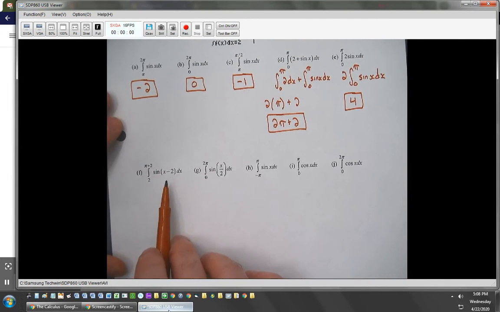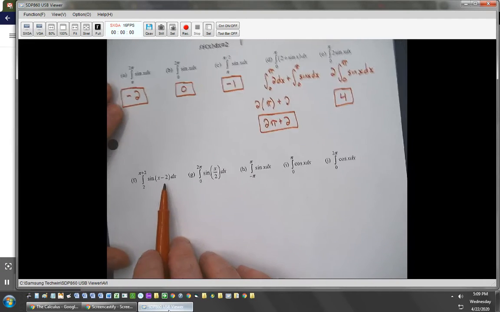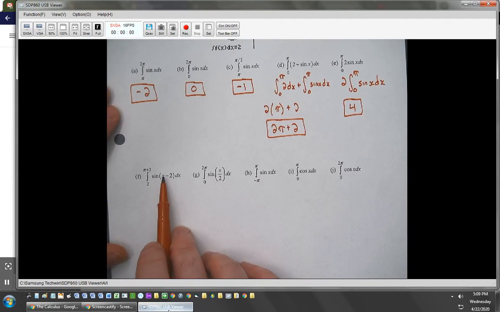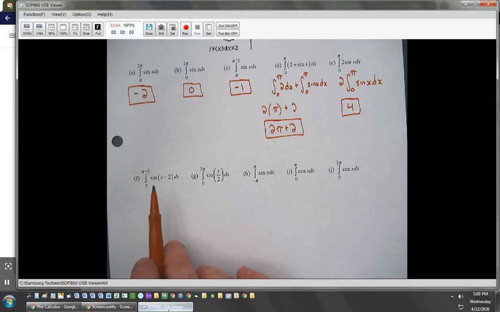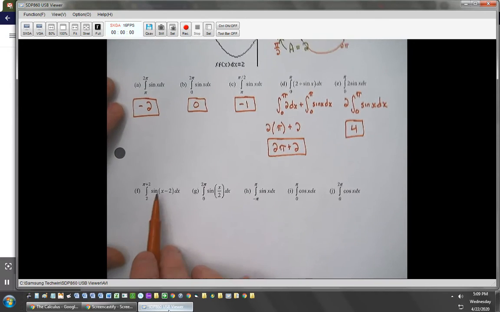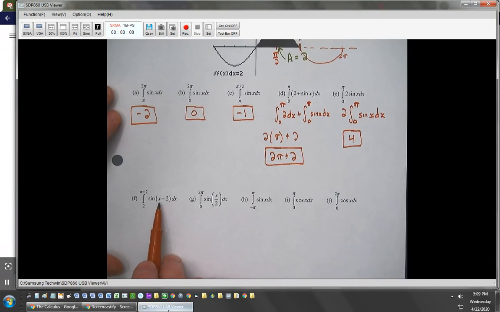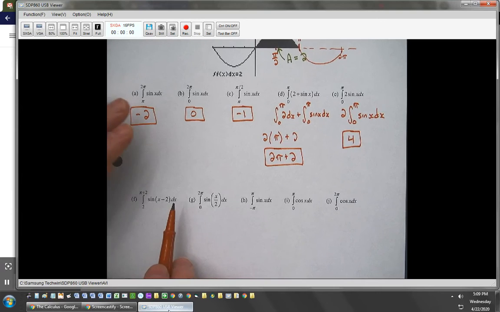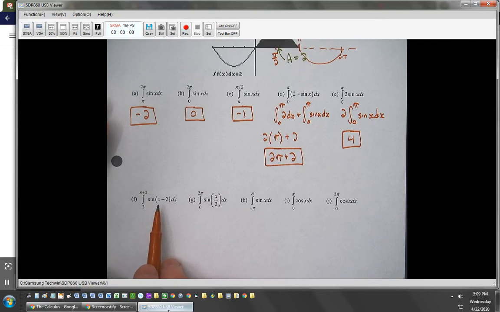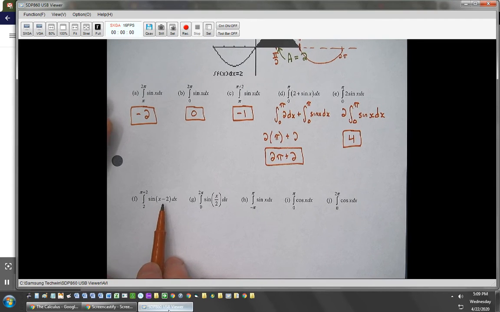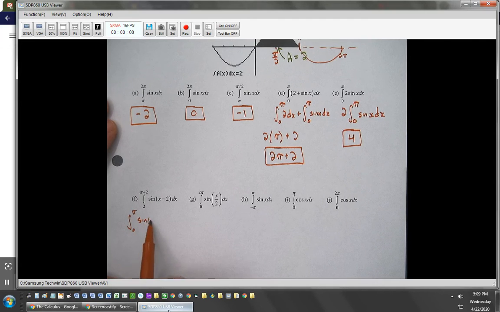Oh, interesting. You can't distribute this and then break it apart. But think about it this way. So this x minus 2 does what to my graph? It shifts it, right? That's an x shift. So that's going to shift my graph forward 2 spots. My original function was, remember, they gave us from 0 to pi of sine of x.